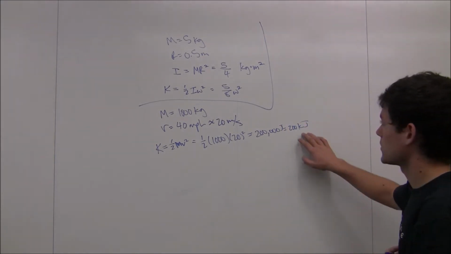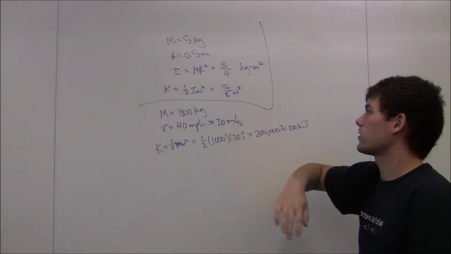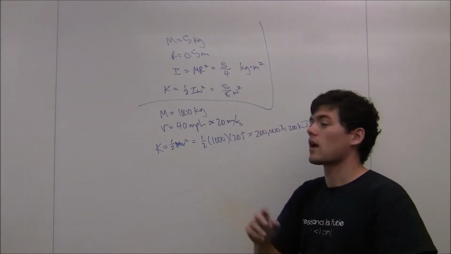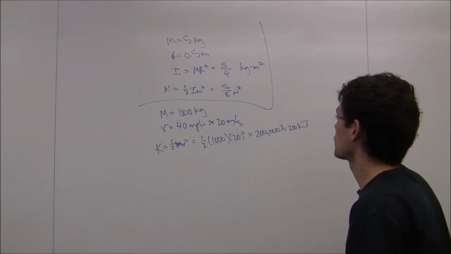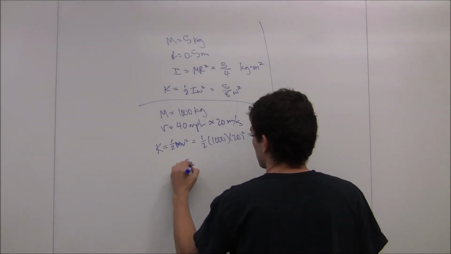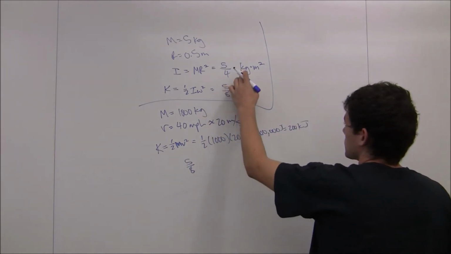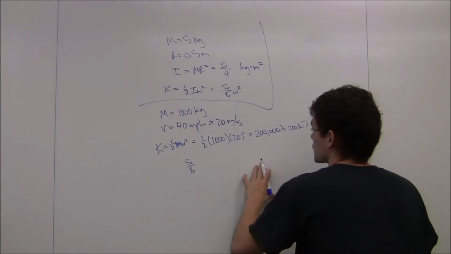So now all we have to do is use this formula up here to figure out what the angular velocity of the flywheel would have to be in order to absorb 200 kilojoules. And so that would be 5 over 8. We know that the units are the same because we put kilograms meters squared up here, which is exactly what goes into a joule.